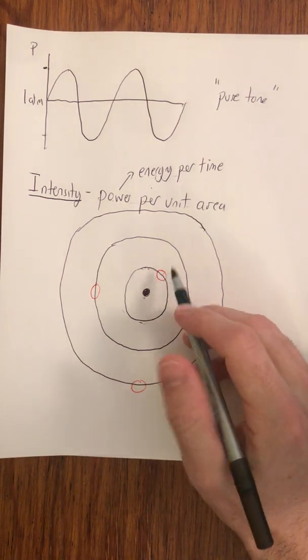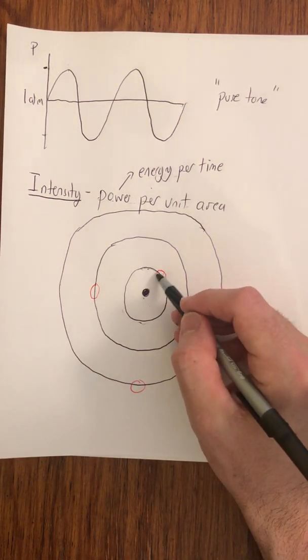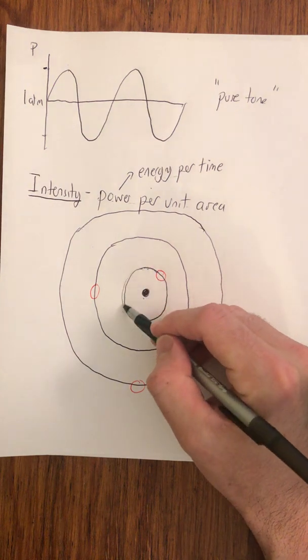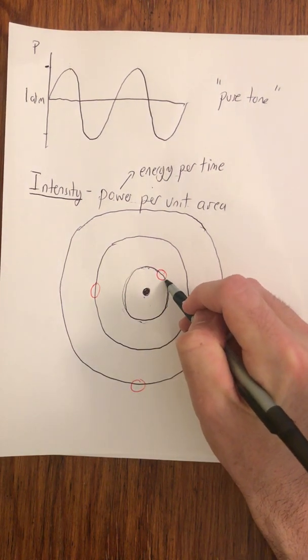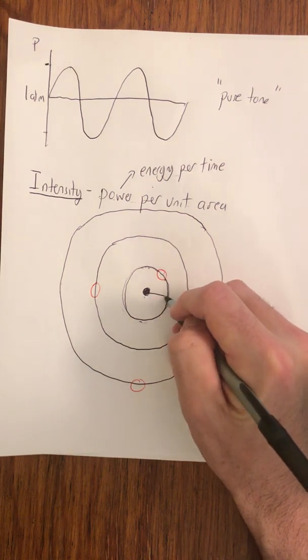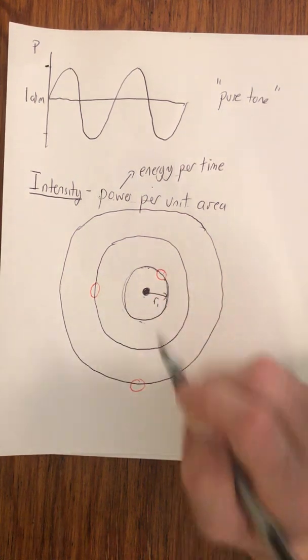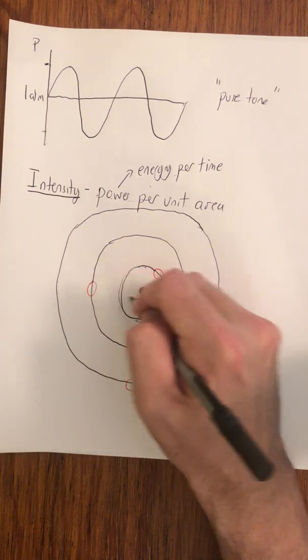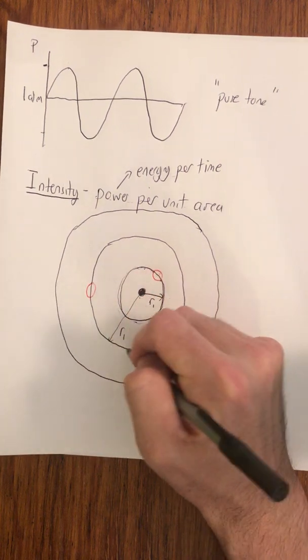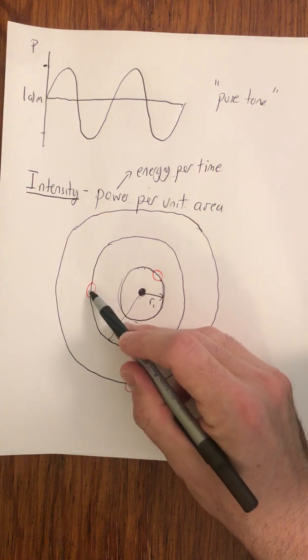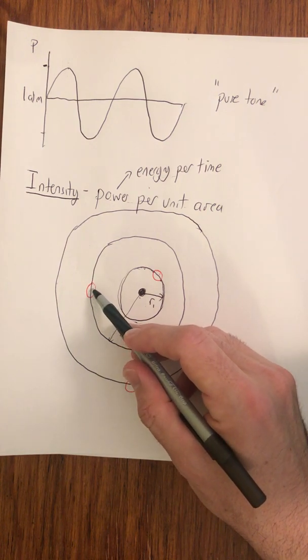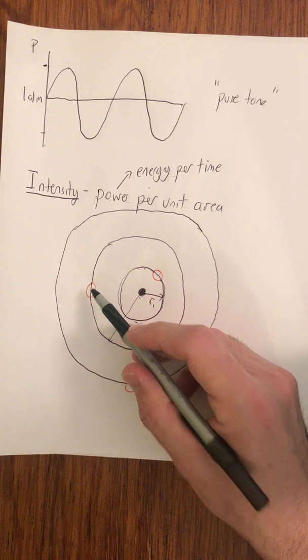So what's happening here is this person is intercepting a certain portion of the wavefront because of where they are at, say, a distance r1. But if we look at the person who's here, because this wavefront is now much larger, the area that they are taking up of that whole wavefront area is much smaller.